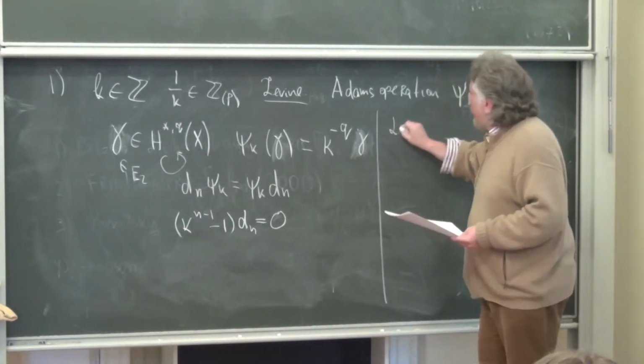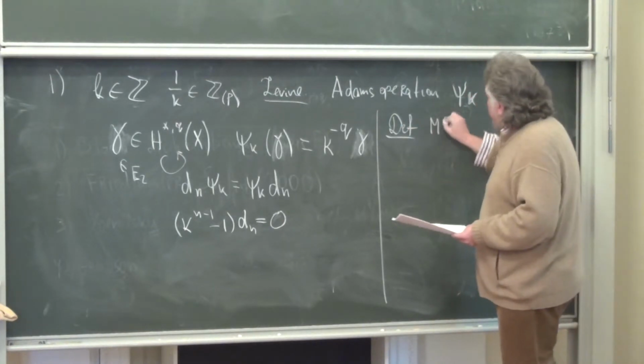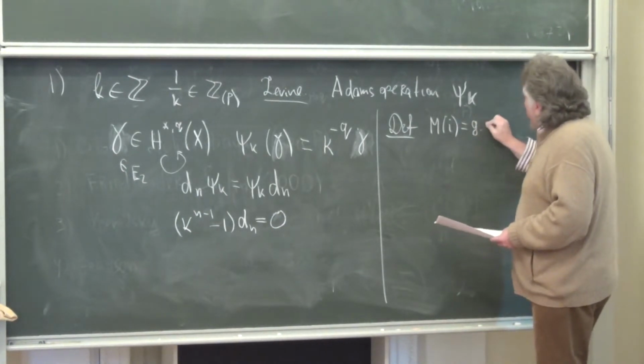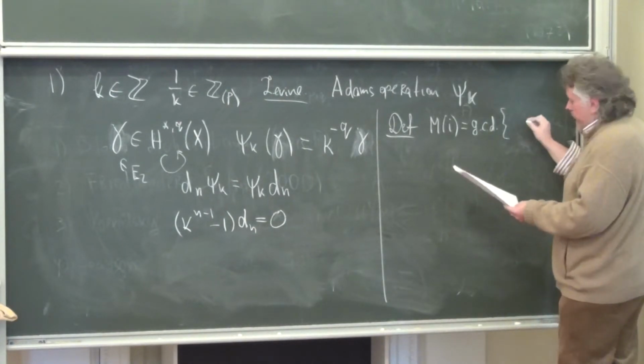Let me make one definition. I define the constant m of I as the greatest common divisor of the following expressions.